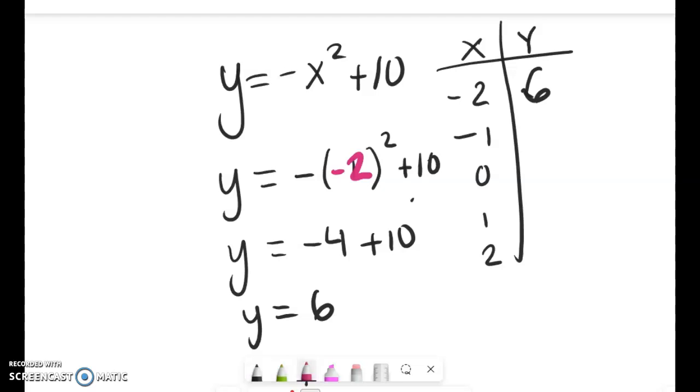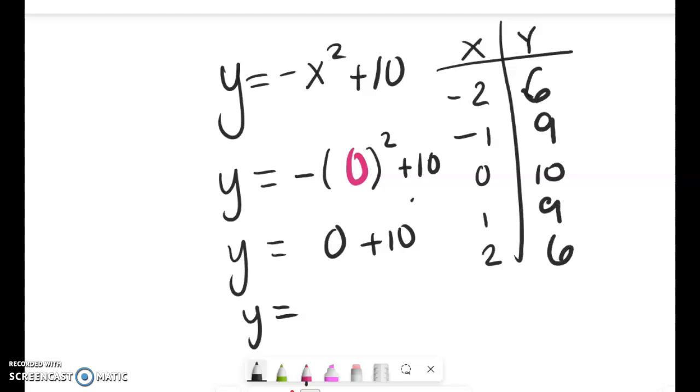And then negative 1: negative 1 squared would be positive 1, but that's the opposite of that, so negative 1, plus 10, I'd get 9. And then I keep repeating that process. So here, 0 can't have a negative 0, so let's just put 0 plus 10, I get 10. You'll notice that the points that you had, you would take them and just add 10 to them. So here we would have 9 again, and here we would have 6 again.